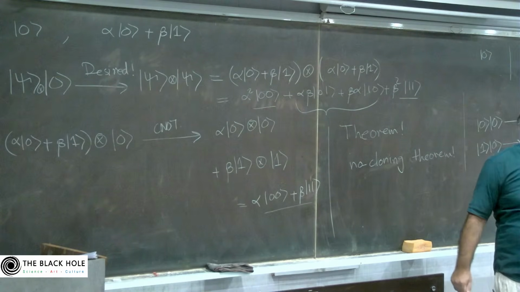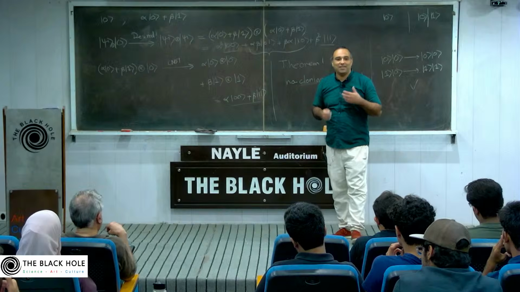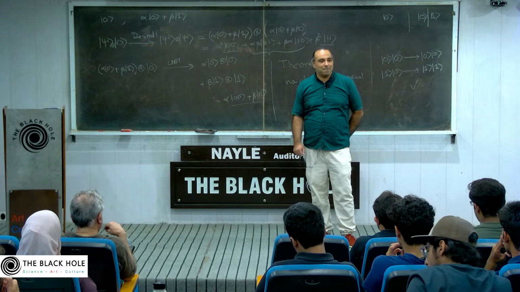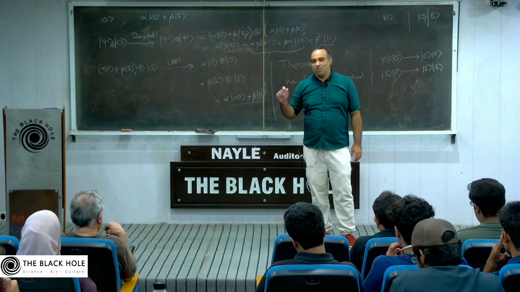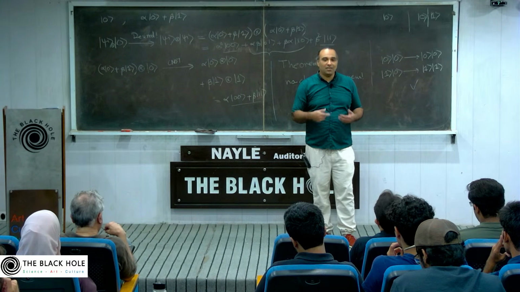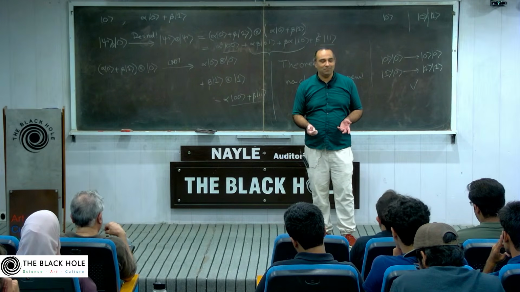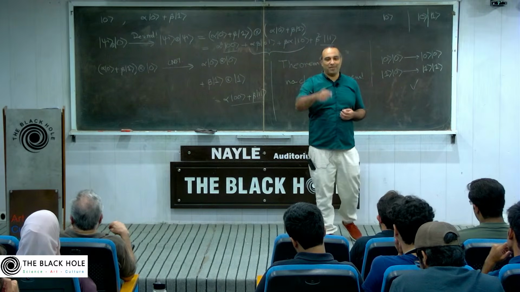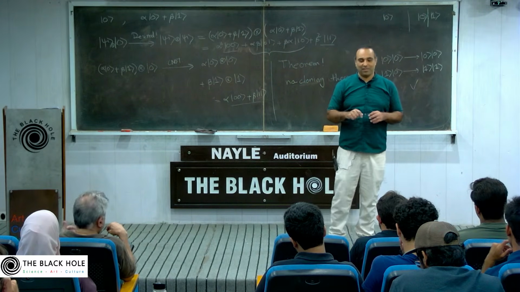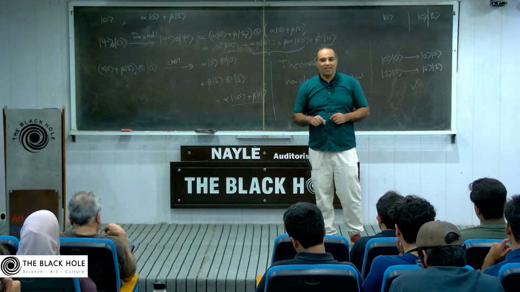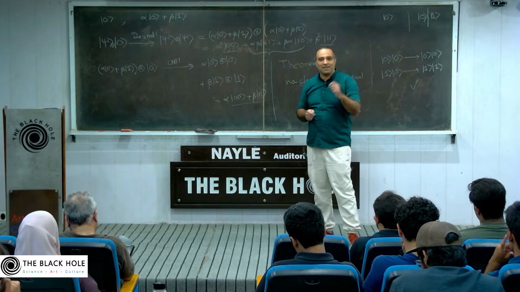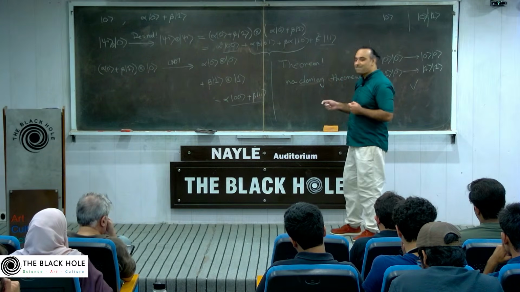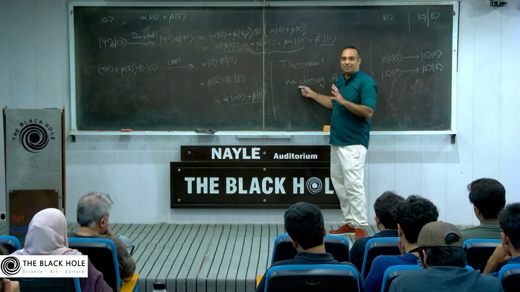If you cannot copy a state, then if I am sending you some quantum state using some mechanism, then no party can copy that state. So our information is secure. Okay. So if someone tries to tamper with information midway, if I'm sending you, I mean via cable or something, and somebody is tapping that cable to get to our information, then if it's quantum information, you can't do that.